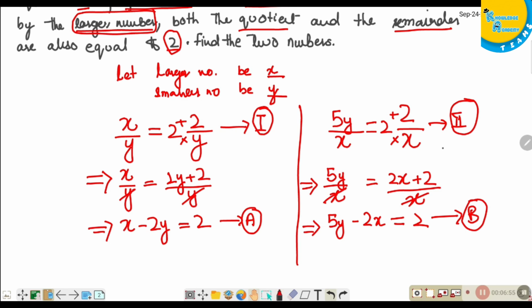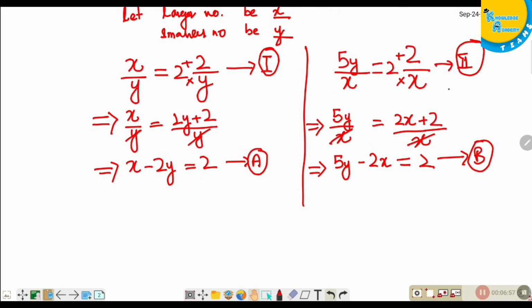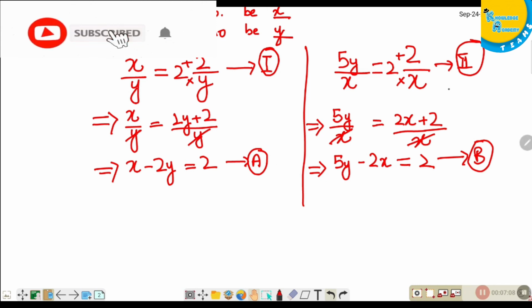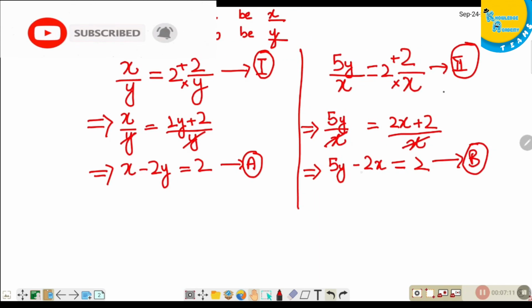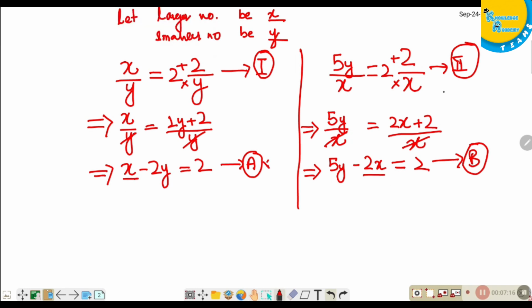Now I have got two equations. What I'm going to do is eliminate one variable to get the value of the other variable. I'm going to eliminate x. And to eliminate x, I have to multiply equation A with 2.